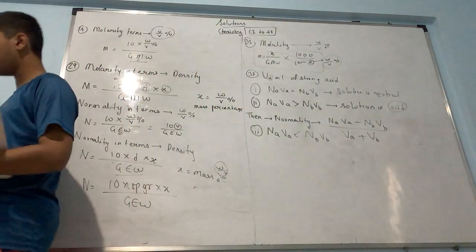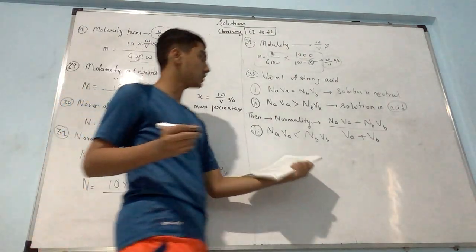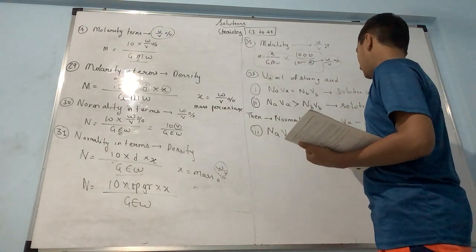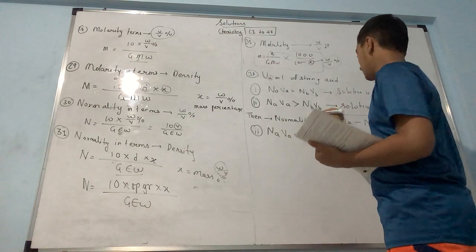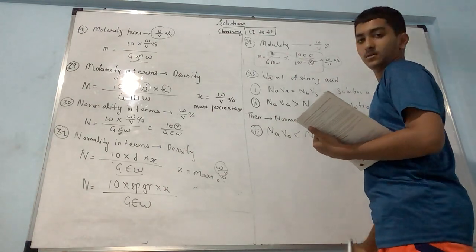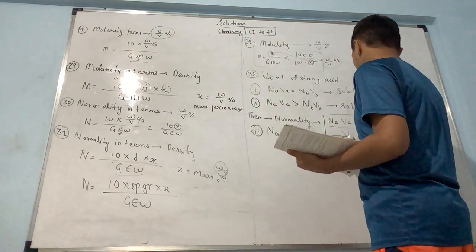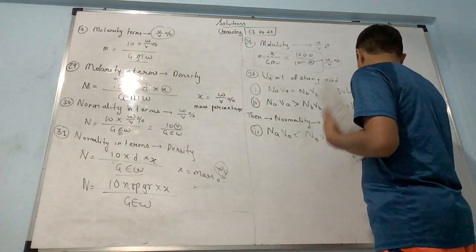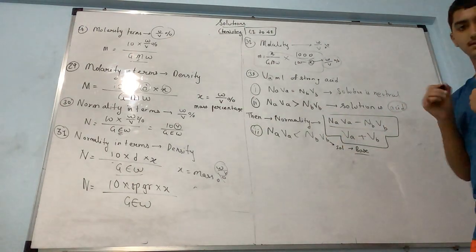We were continuing with this point. This point says that if NaVA is less than NBVB, then the solution is basic, meaning base. The opposite of acid is base.